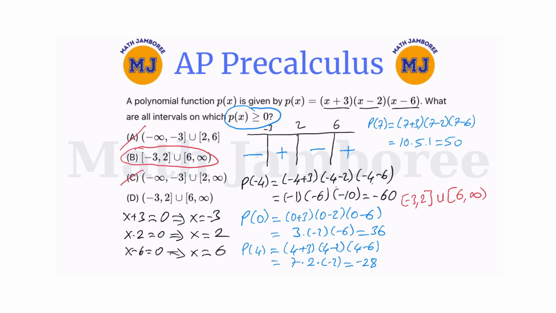What's the difference between choice D and B? In choice D, negative 3 is just not included, but it should have been included because it says greater than or equal to, and negative 3 is a root of the function. That's why D is not the answer. The correct answer is choice B for this specific question.